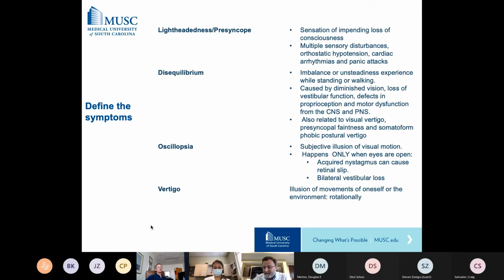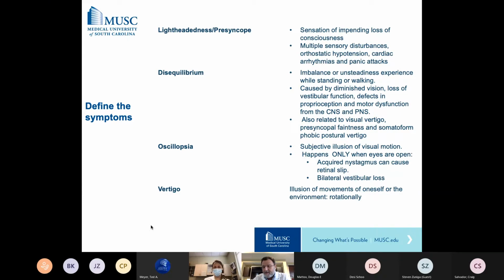So a rocking sensation is, at the end of the day, a vertigo. Patients who present with Mal de Debarquement syndrome describe a rocking sensation. That's a type of vertigo, but the rocking sensation is typically not coming from the ear. Lightheadedness or presyncope is usually hemodynamic, but bear in mind that any vertigo can cause a vagal reaction that leads to lightheadedness. Disequilibrium can be due to a peripheral or a central vestibular system problem.